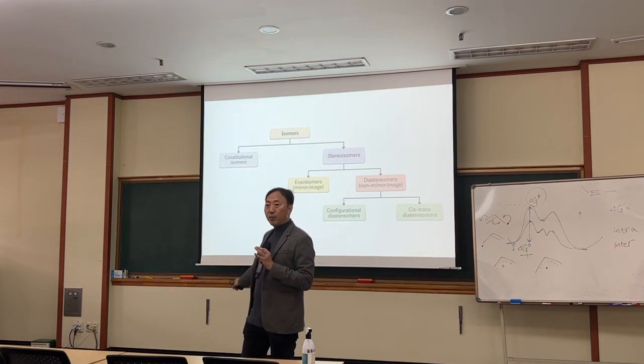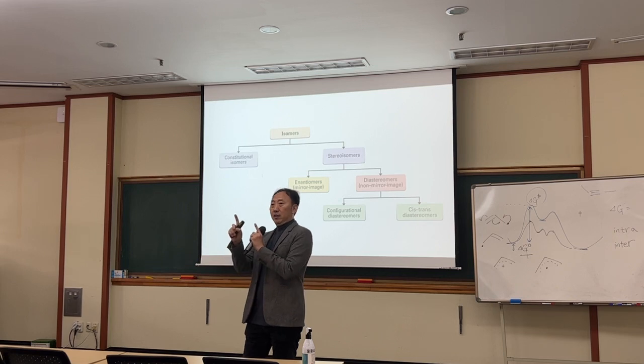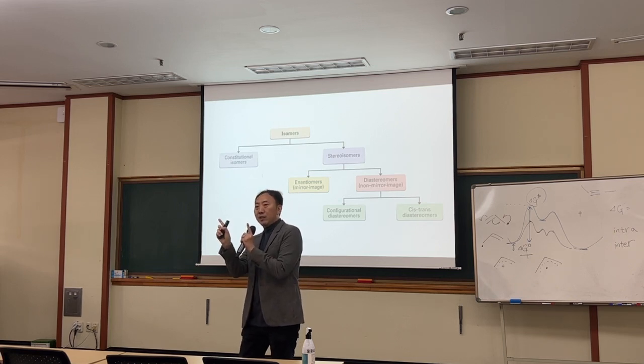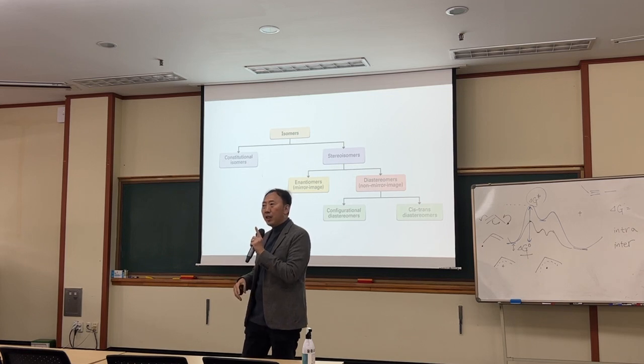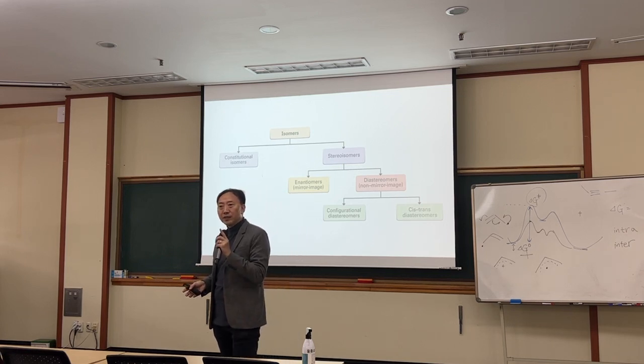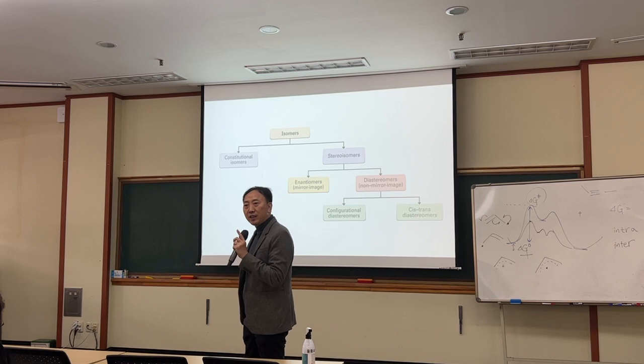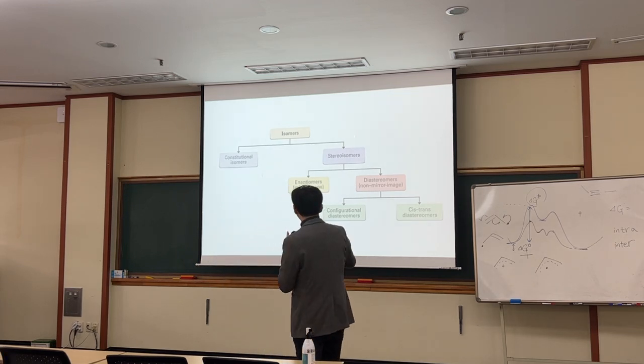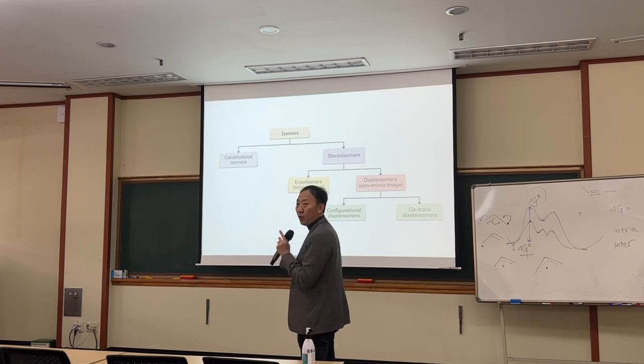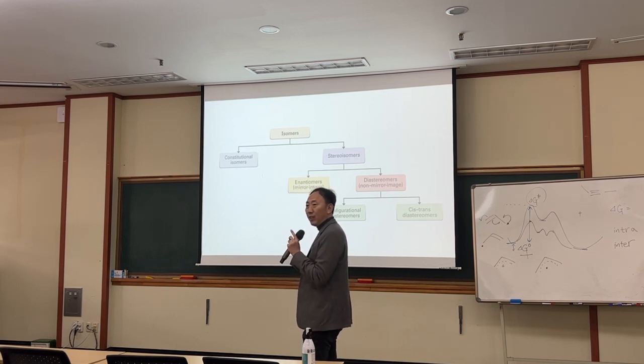But for conformational isomers, if you have butane, once you have seen this form, the next moment it becomes this, and then this. Practically, it's not isolatable. That's why they didn't treat it here. If you need to consider that, it should be a different kind of isomer as a reference.